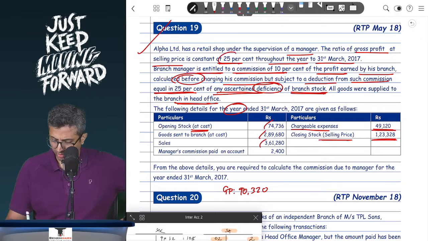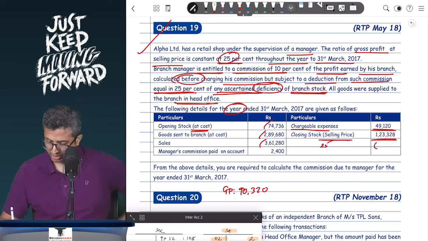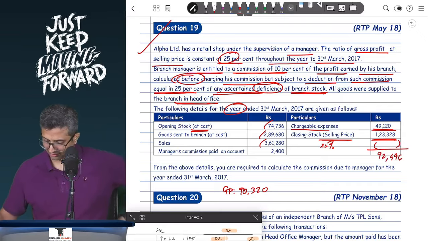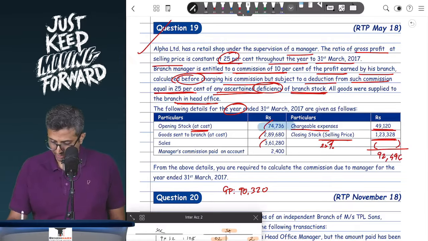Now you have been given 25% of the gross profit. So if I want to find closing stock at cost, I will do 123,328 minus 25%, which is 92,496. Now if I prepare the trading account, you will have 74,736 opening stock plus 289,680 goods sent to branch.